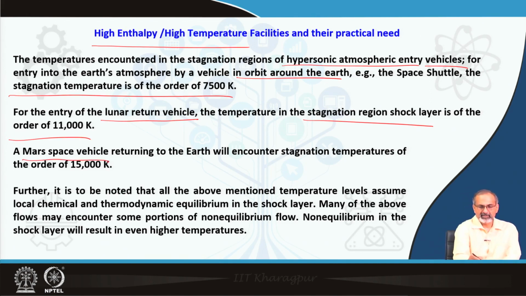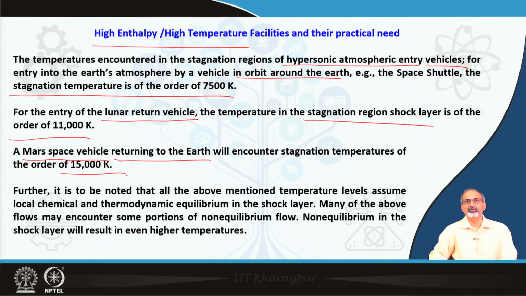If it is a Mars space vehicle returning to Earth, then that will shoot up further to about 15,000 Kelvin, because of the differences in the accompanying velocities at which they re-enter.